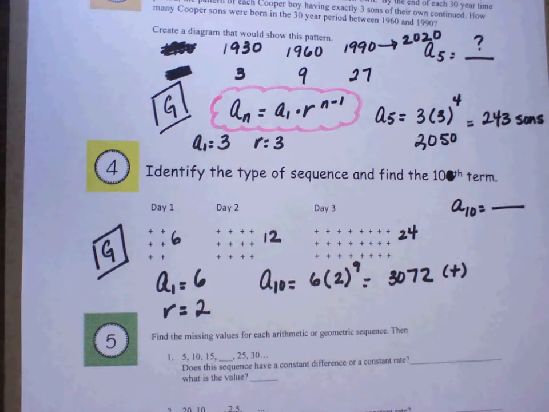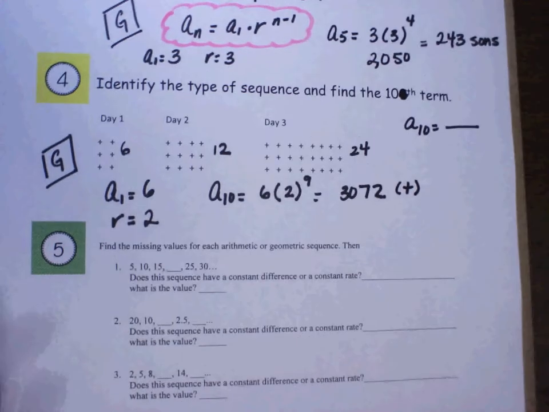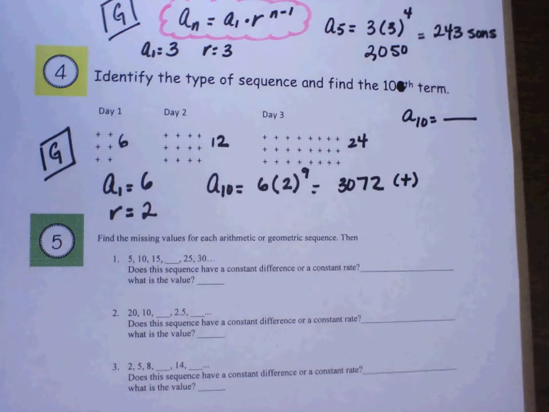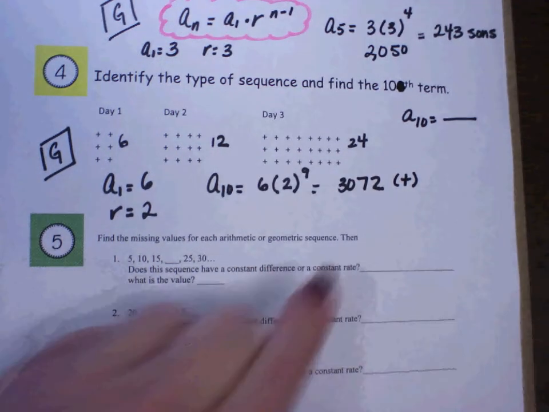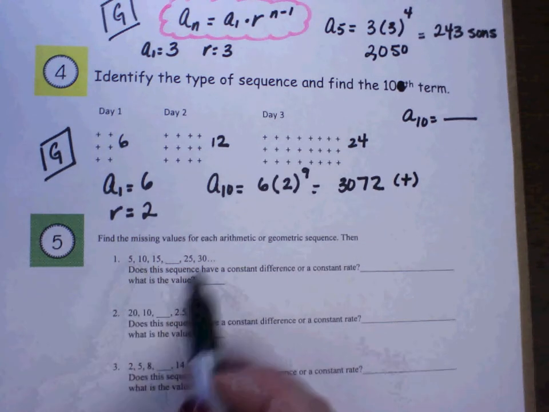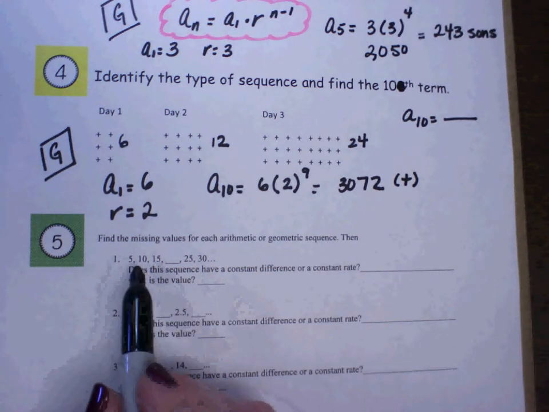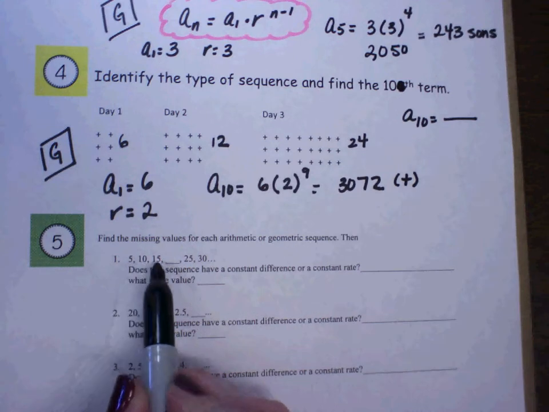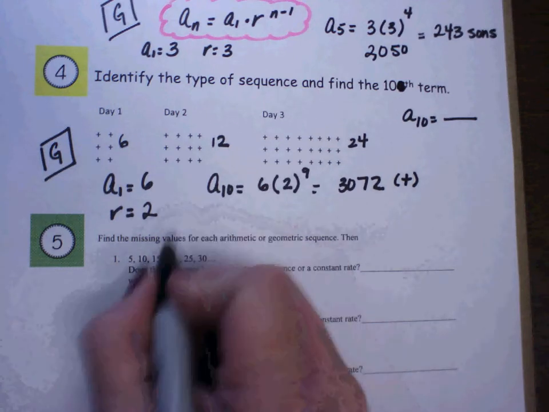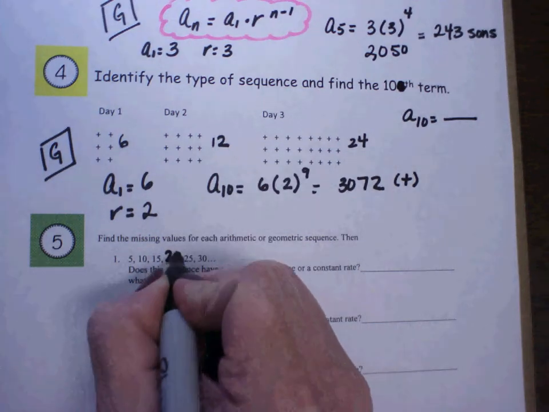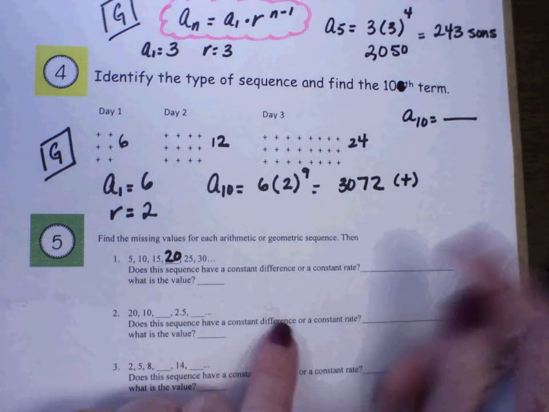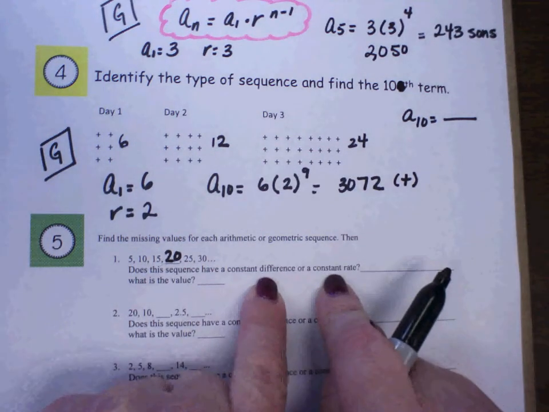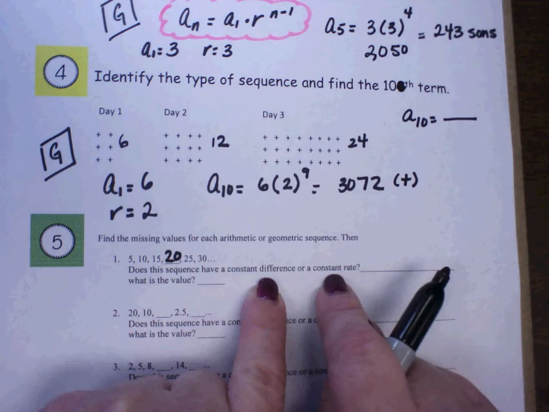On this one, we got to find the missing values for each arithmetic or geometric sequence. Then we got to answer some questions about it, okay? So look at this one. 5, 10, 15. That will be a 20. Very good. Is it a constant difference or is it a constant rate? Are you multiplying by 5?